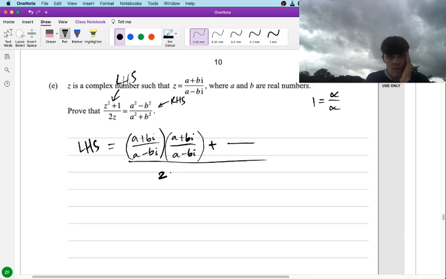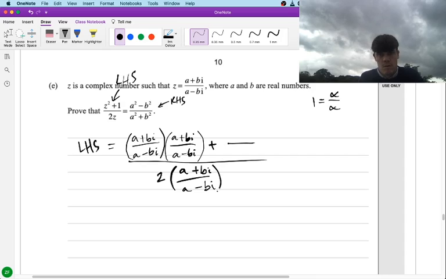Let's just do 2Z first. 2 A plus BI over A minus BI. Now, what I see when I look at this is a common denominator.